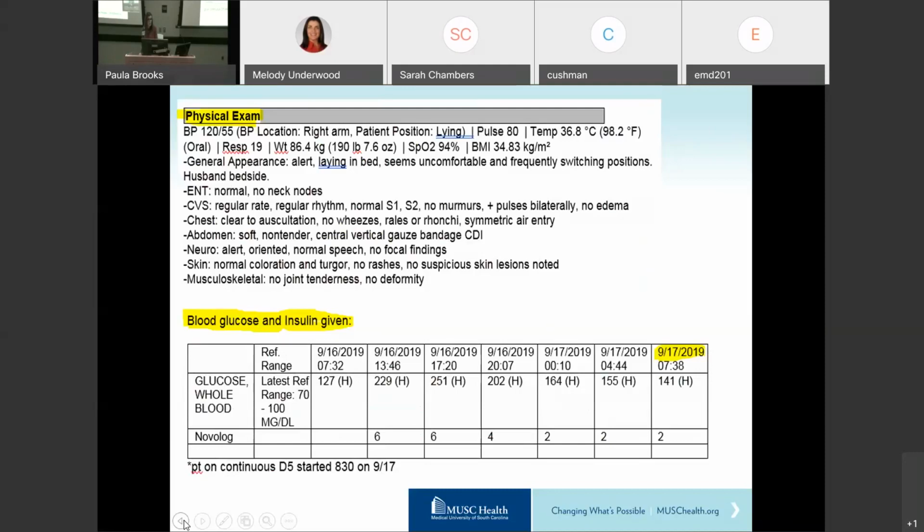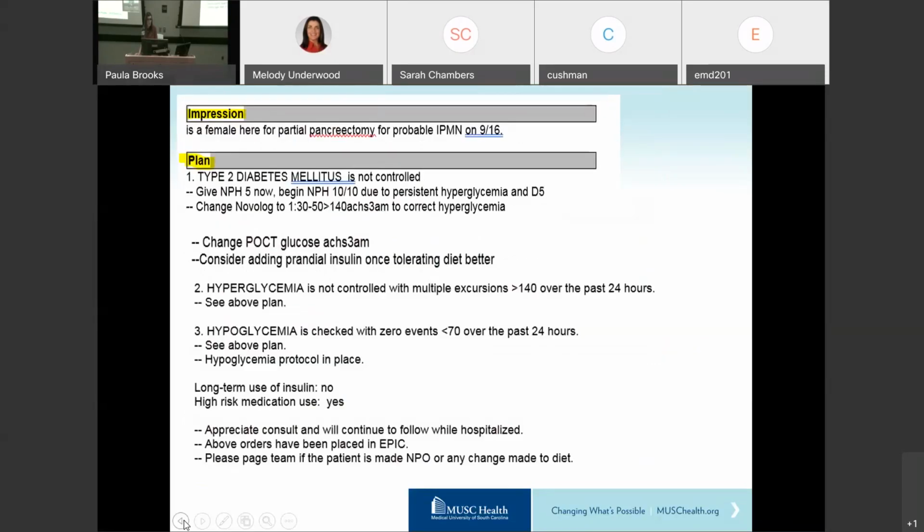And I skipped one, ENT, 8. We have blood glucose and insulin that was given. For impression and plan, or assessment and plan, this patient has type 2 diabetes that is not controlled. They have hypoglycemia. For long-term insulin use, no, but they're on a high-risk medication.